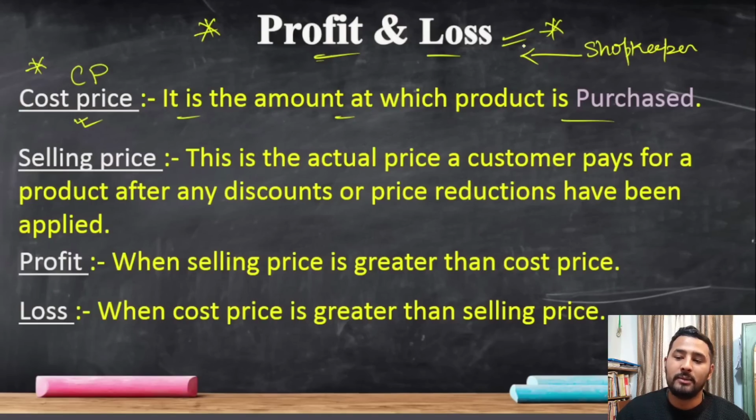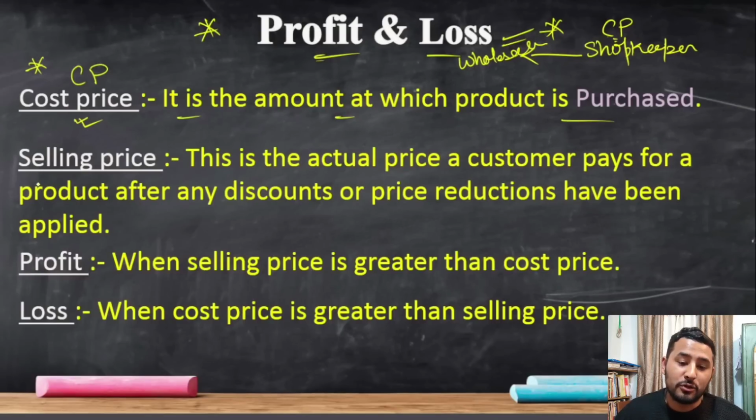Being a shopkeeper, you'll go and purchase from wholesalers. Those wholesalers will sell it at some amount, and the amount that you have purchased at will be known as CP, that is cost price. So what is cost price? It is the amount at which a product is purchased.